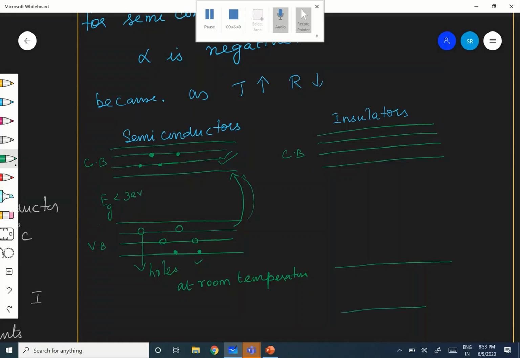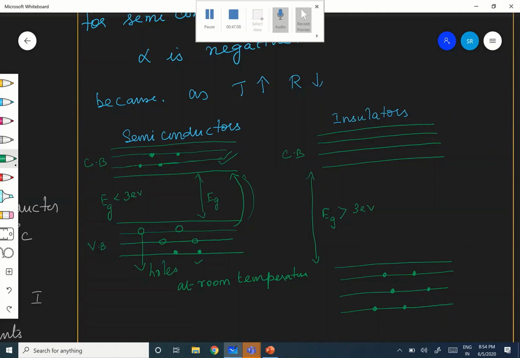The valence band has every level filled with electrons. But here the gap is there, no? This gap is called Eg, the gap between the conduction band and the valence band. In insulators that Eg is very large, more than 3 electron volt.